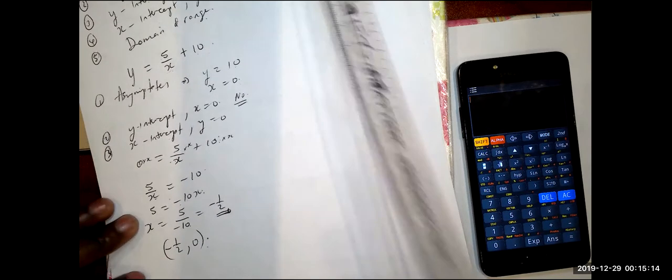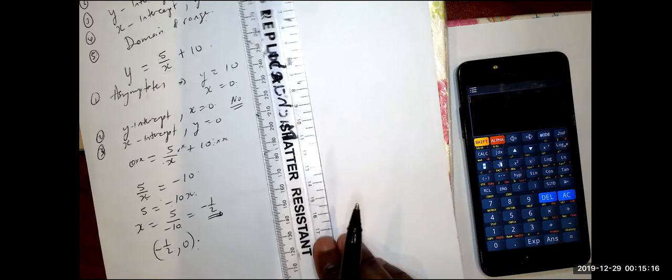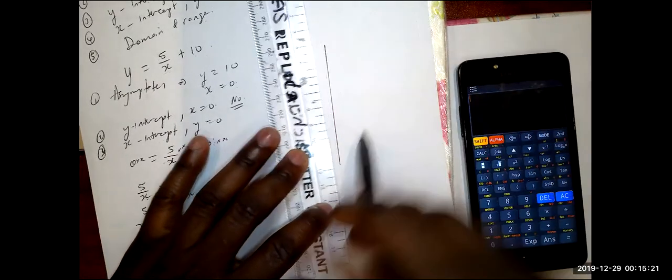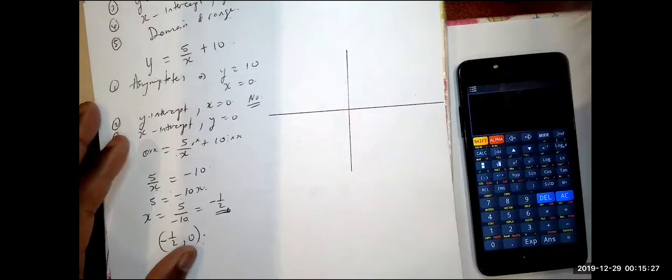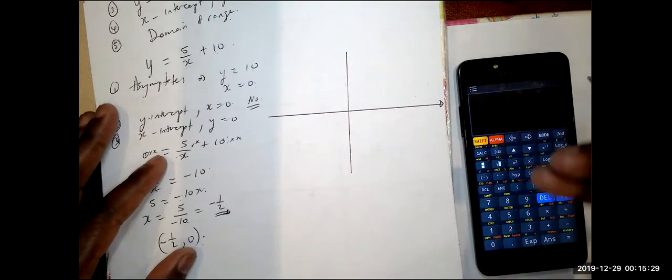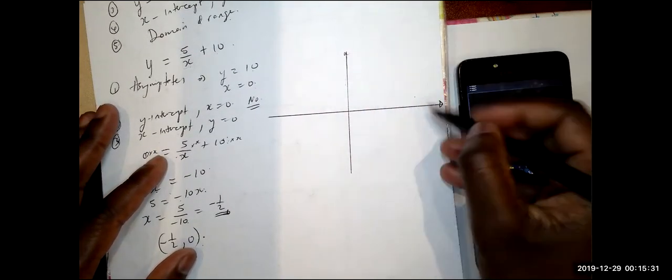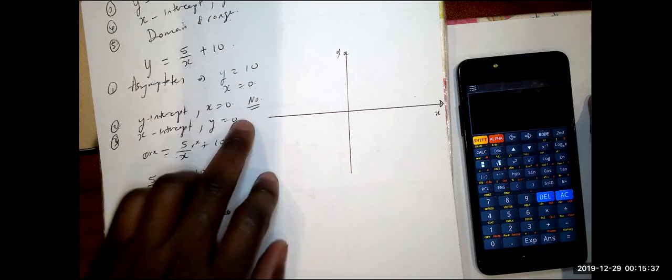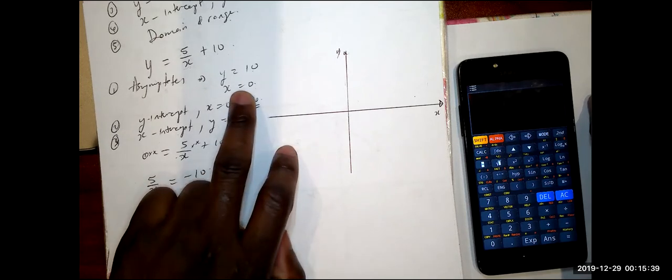Then the domain, let's determine the domain after drawing the function. Now, what do we have here? We've got x, we've got y. What are we told here? We're told that x equal to 0 is an asymptote.